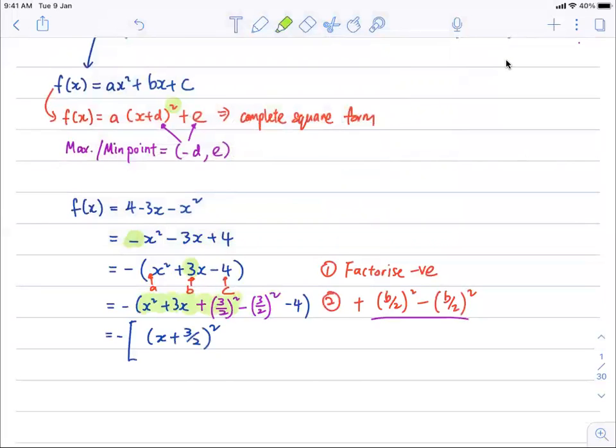So you notice how the above equation with 3 terms, it can become 2 terms below. The one highlighted in green, they're actually the same thing. If you expand (x plus 3 over 2) squared, you get back the terms above. So the next step, we copy back the thing above, negative (3 over 2) squared minus 4.